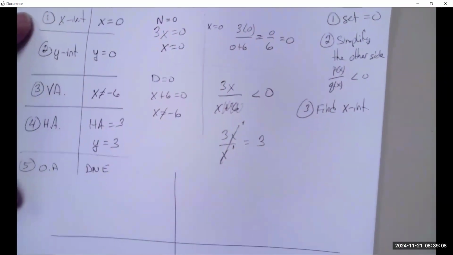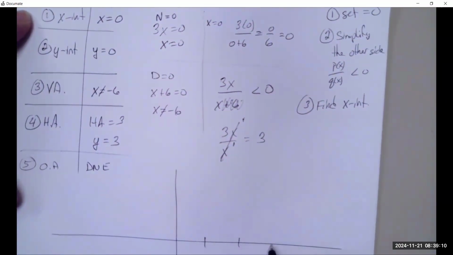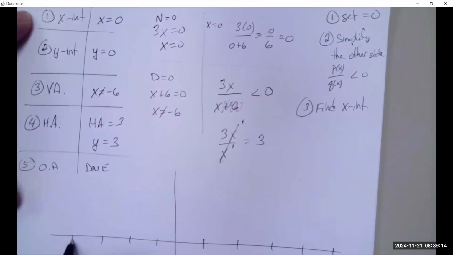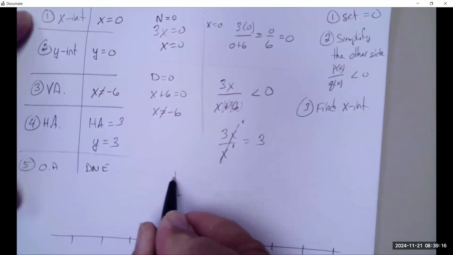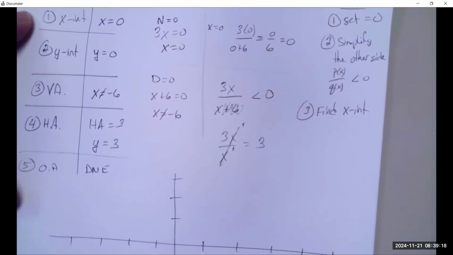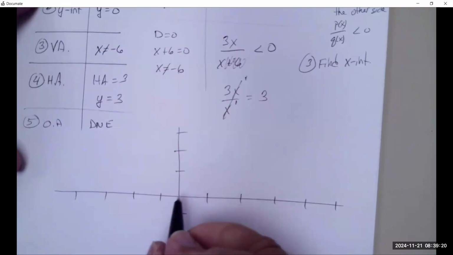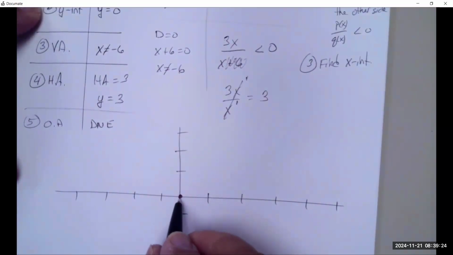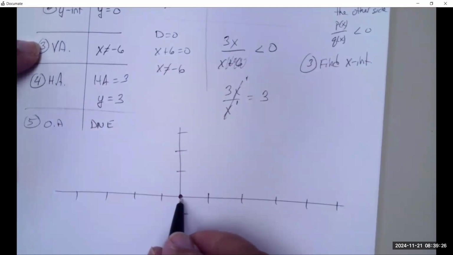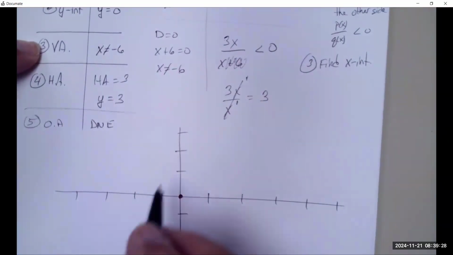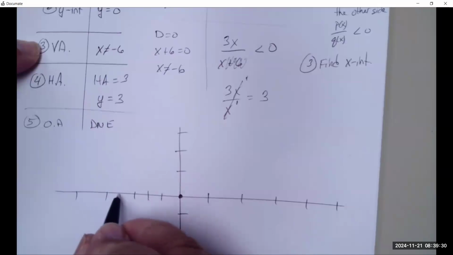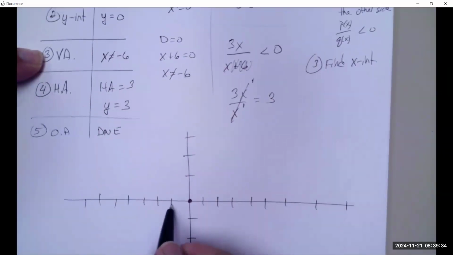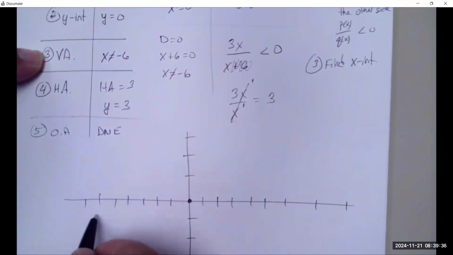Let's put this stuff together. So my x-intercept is at 0, 0. My y-intercept at 0. Vertical asymptote: 1, 2, 3, 4, 5, negative 6.